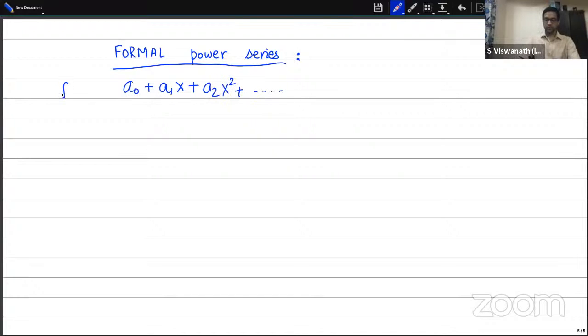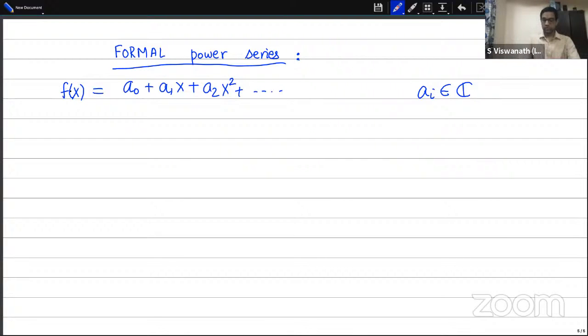A formal power series is just a formal sum like this, where all the a i are complex numbers. In other words, a formal power series is just another name for an infinite sequence. It's got the same information: a0, a1, a2, and so on.